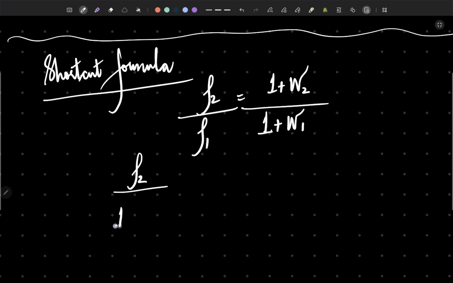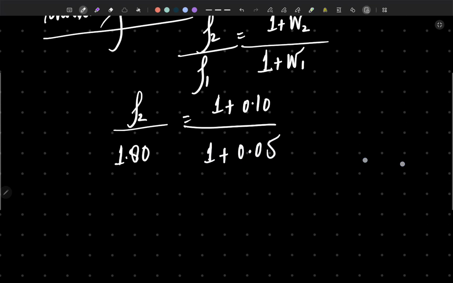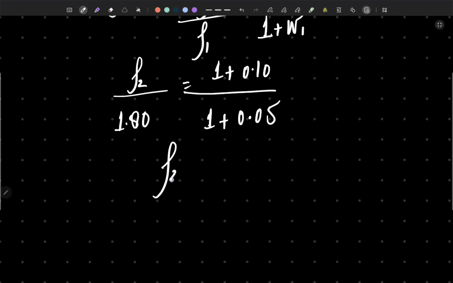Initial bulk density was 1.80 grams per cubic centimeter. W2, the second water content, is 10%. Initial water content is 5%. After calculations, bulk density is 1.885 grams per cubic centimeter.